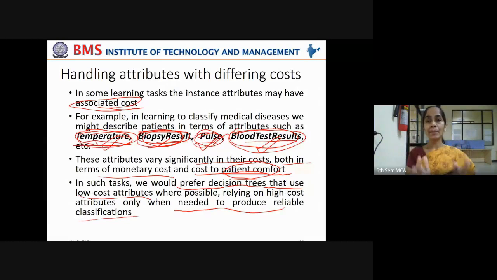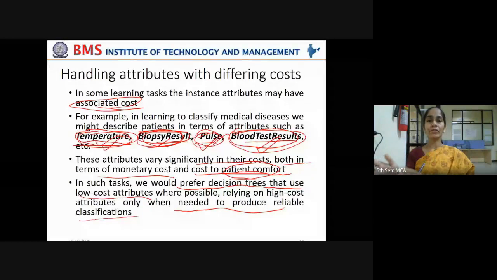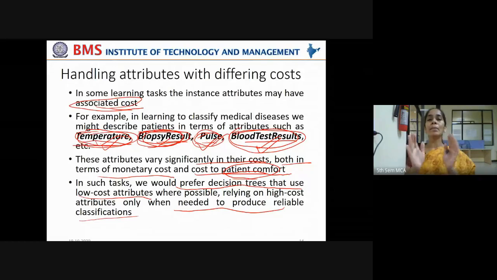So only when there is ambiguity in the classification with the low cost attributes, only then go for the high cost attributes. Until then, build the decision tree with the low cost attributes only, because lots of data will be available with low cost attributes. Low cost attributes means you're giving them higher weight in prediction.